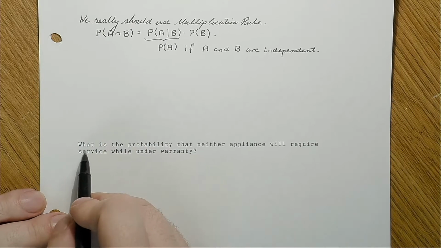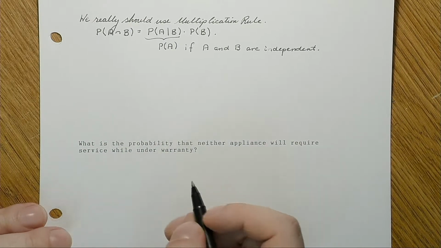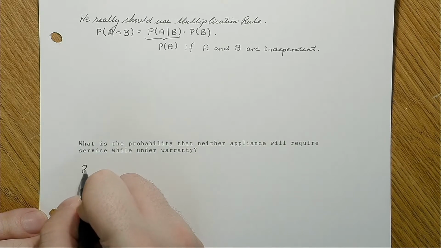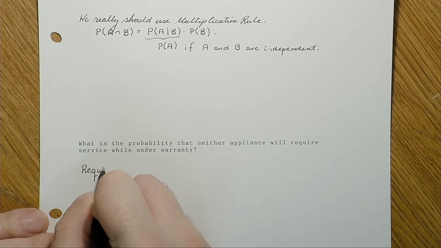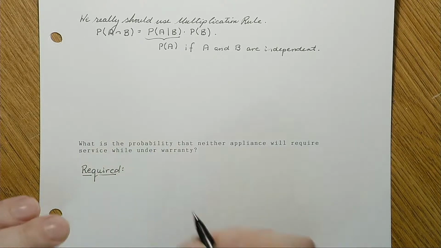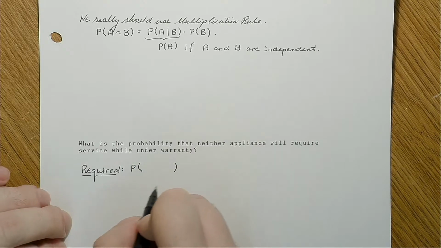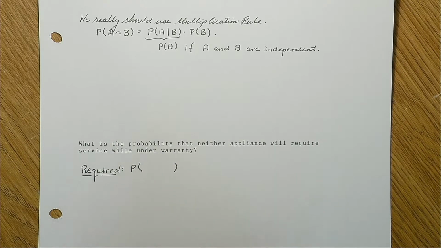Then we have this question: what is the probability that neither appliance will require service while under warranty? So what does that mean symbolically? Just in the chat, can you write out what I need to calculate? What's the event that I need?